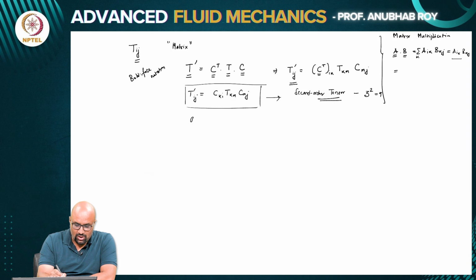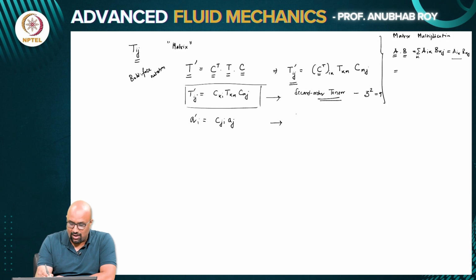Just the way you saw it for a vector, when you did this for a vector, you had A prime of i is C_ji A_j. This is how a vector transformed. And in the same way, now you have a relation for an object that has more order than a vector.